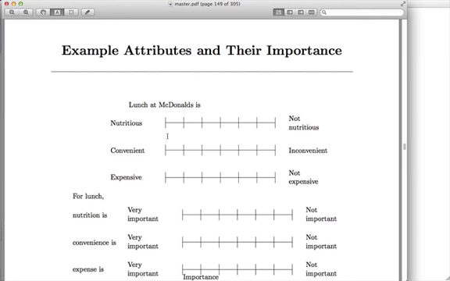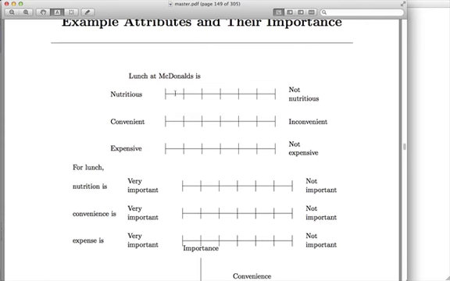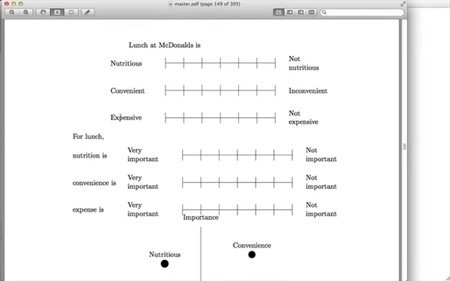Attributes versus their importance. So you could ask someone about their beliefs of lunch at McDonald's with the semantic differential scale: is it nutritious or not nutritious, convenient, expensive? So these are three different attributes of lunch at McDonald's. Then you can also ask the respondent the extent to which they're important.